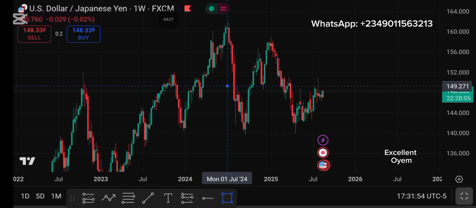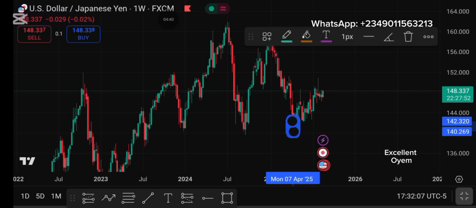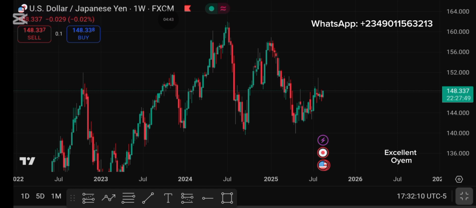So we learn to use the pin bar. Let me draw it for you guys here. This green candle here identifies a pin bar. So yes, we look at previous chart patterns and you get your support and resistance level.